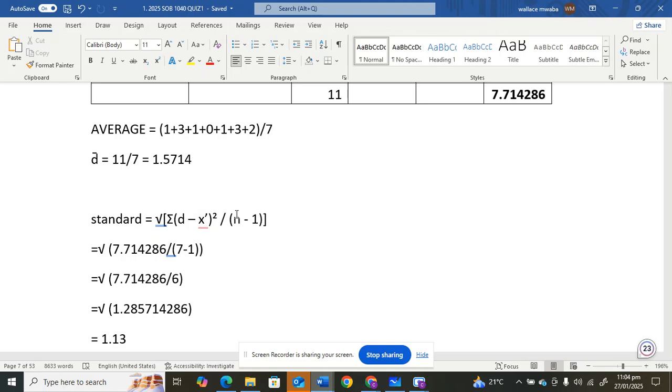The root of everything. It's just the way this square root has been shown. Let me put it in a proper way.